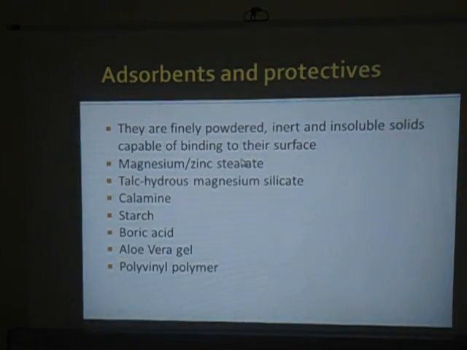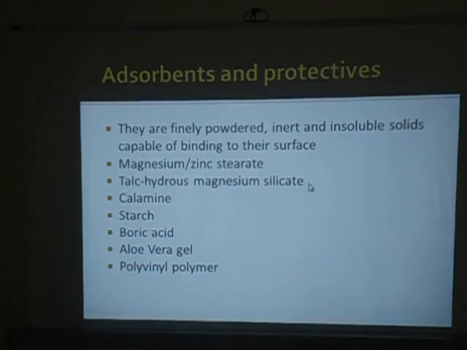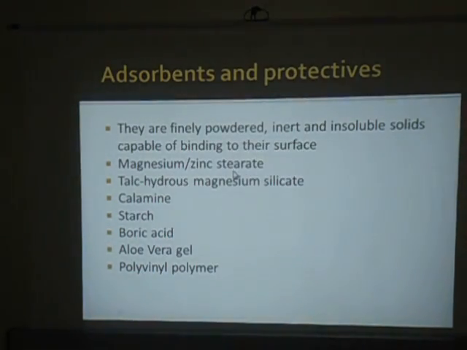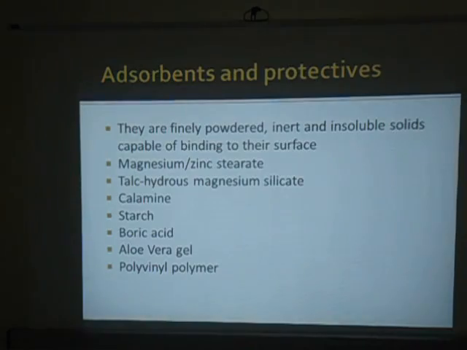Most of you might have used it. It contains hydrous magnesium silicate and helps in decreasing sweating. Then we have magnesium and zinc stearate, again a part of talcum powders. These are finely powdered insoluble solids capable of binding to the surface and preventing oily skin.